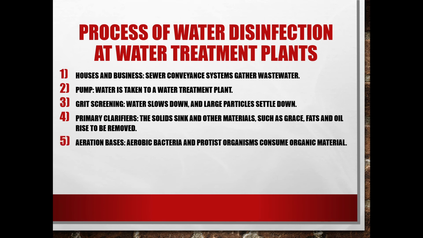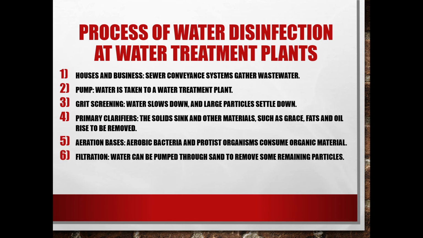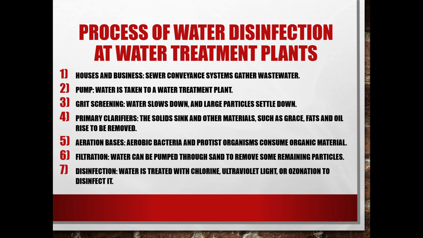Number 5, aeration basins. Aerobic bacteria and protist organisms consume organic material. So microorganisms are going to start eating all of the organic material, so then it can be cleaned up. Then we have the filtration, which is when water can be pumped through sand to remove some remaining particles.